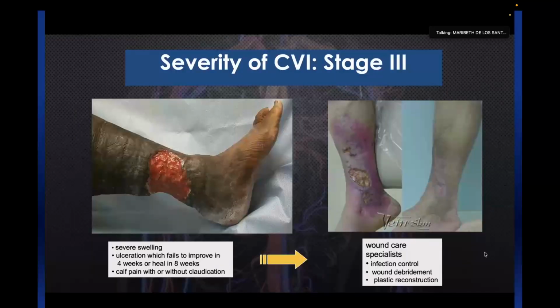There may or may not be calf pain or claudication. In stage 3, treatment is by a multidisciplinary team composed of a plastic reconstructive surgeon, wound care specialist, and a specialist in infection control.